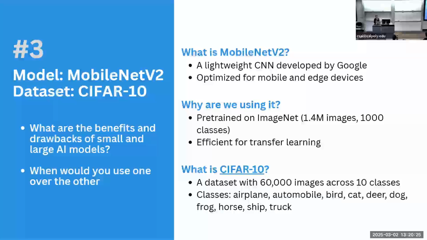Many people think that large models will be better because they can learn more complex patterns and are trained on a larger data set, so they achieve higher accuracy. But I want you to think about why a small model might be better than a larger one. Does anyone have any ideas on that?